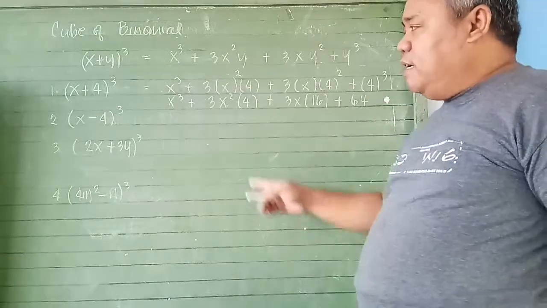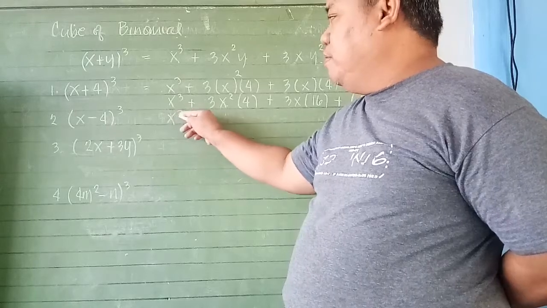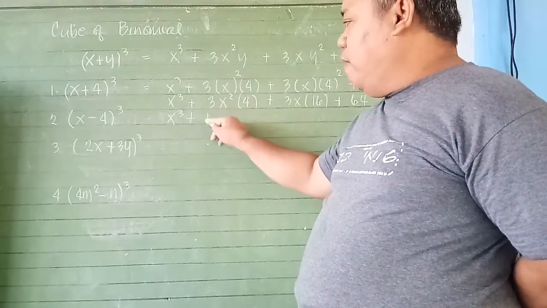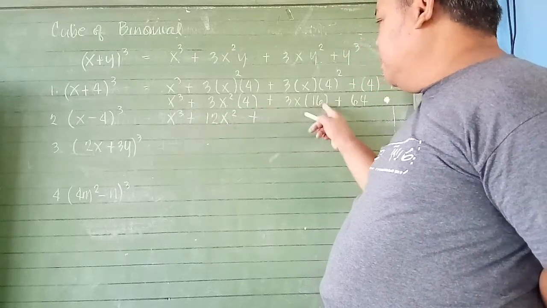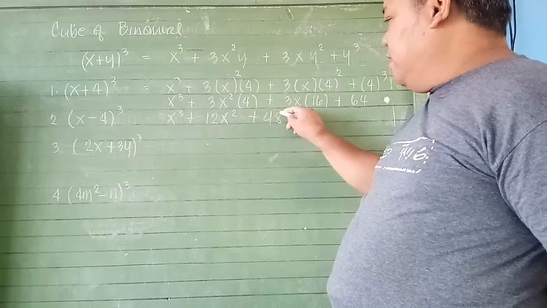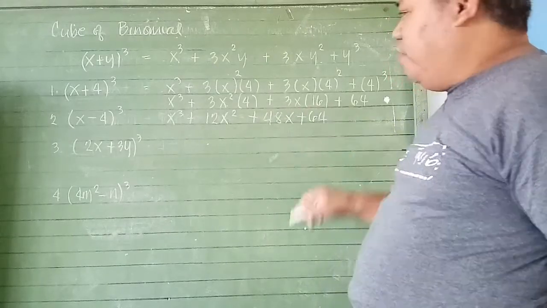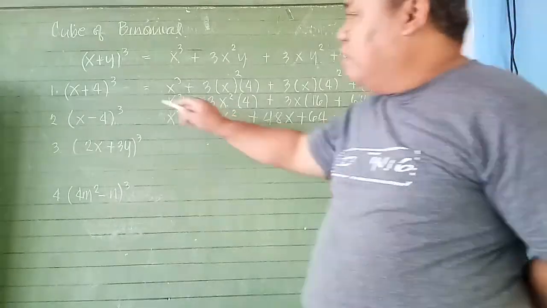Then let us solve again, kasi may mga parentheses pa. This is x cube plus, multiply this one, 12 x squared plus 48 x plus 64. So that will be your final answer to this equation.